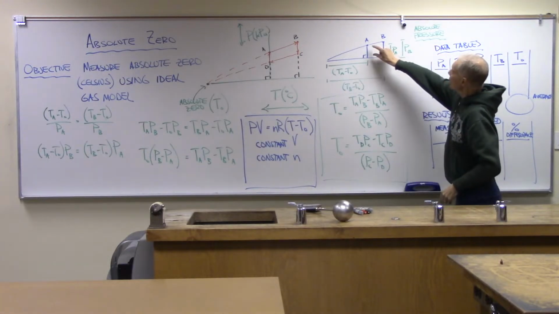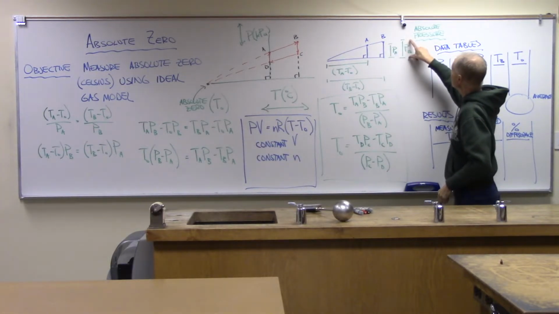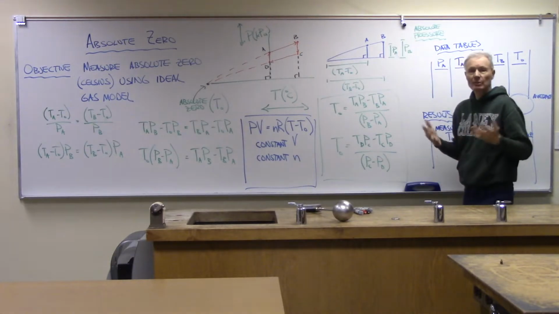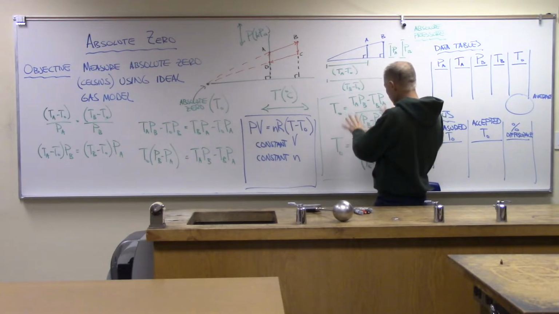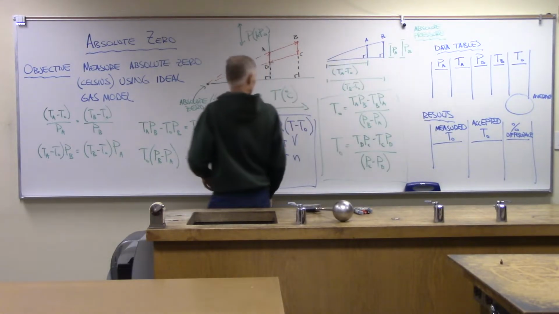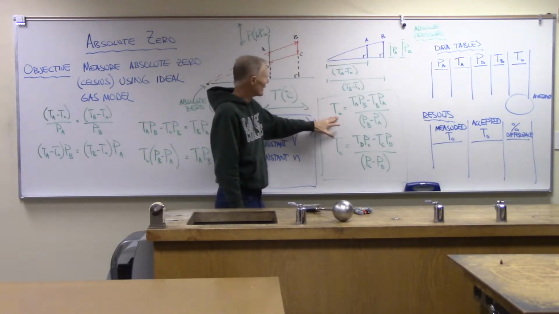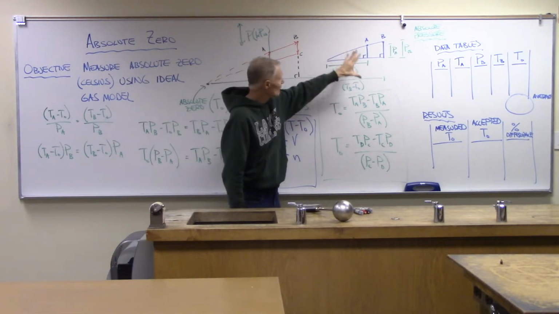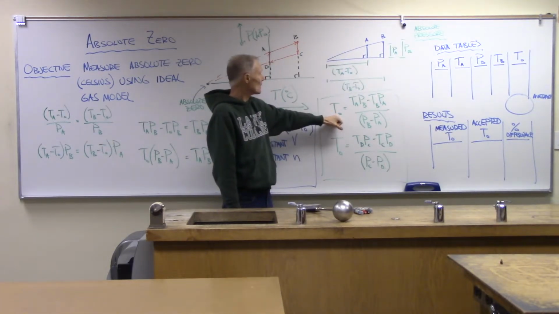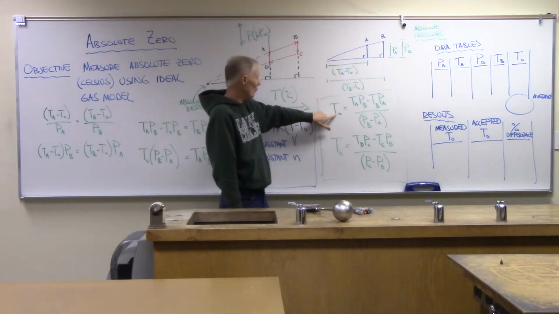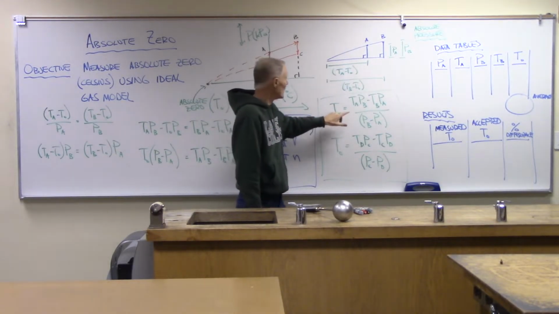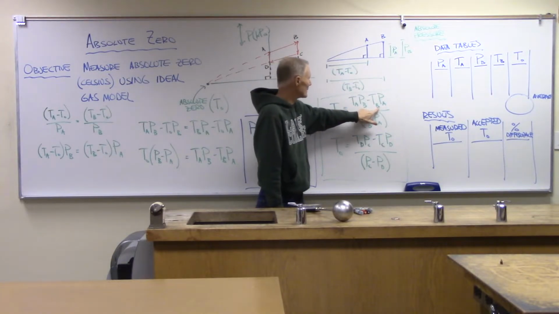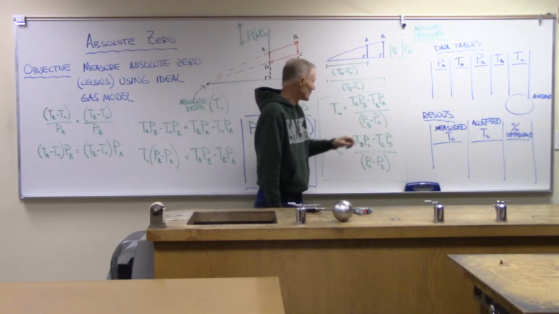In the vertical directions, we have pressure A and pressure B. Well, if these are similar triangles, then I've written down the result right here. We can show that if I take all of this information and set this up as some ratios, we can solve for T0. T0, or absolute 0, is going to be TA PB minus TB PA, over PB minus PA.